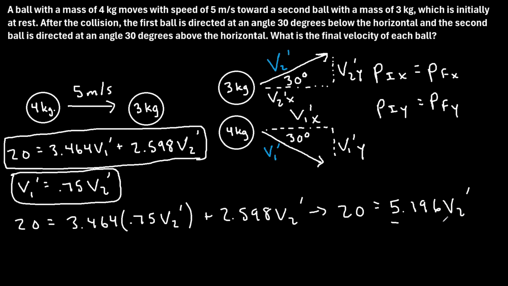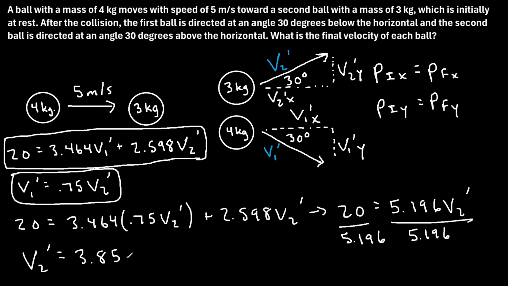To solve for the final velocity of the second ball, we can divide both sides by 5.196. So the final velocity of the second ball is equal to 20 divided by 5.196, which comes out to about 3.85. And since we're talking about velocity, we'll say meters per second. So that's the final velocity of the second ball.